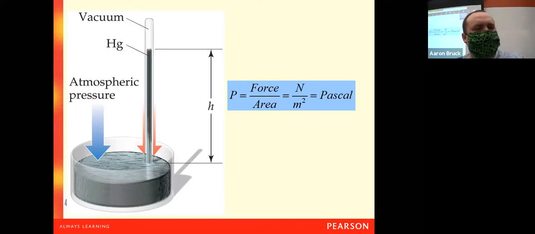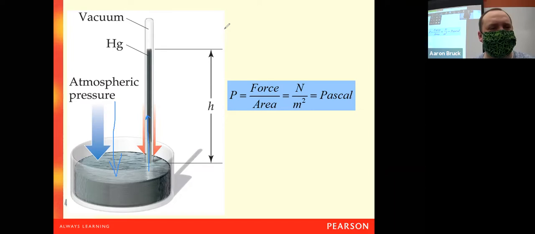Now, what's interesting about this particular setup is that there are actually two forces in play here. On one end, we've got the atmospheric pressure pushing down on the pool of mercury, which is in turn pushing the mercury up the tube.